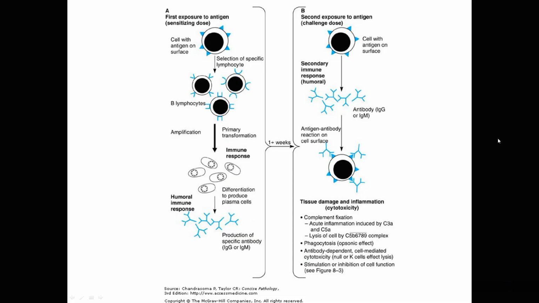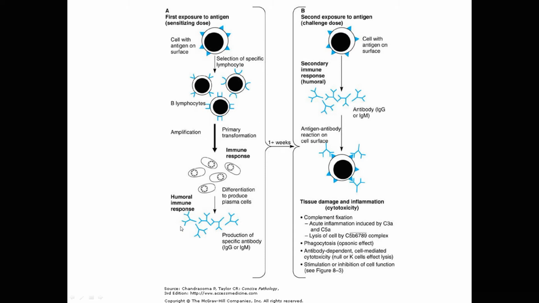Now, the type 2 hypersensitivity, the cytotoxic hypersensitivity. It is mediated by antibodies, IgG, sometimes by IgM. These are the antibodies. First exposure to antigen produces a sensitization and the selection of a clone of B lymphocyte with transformation, later amplification and differentiation to produce plasma cells.